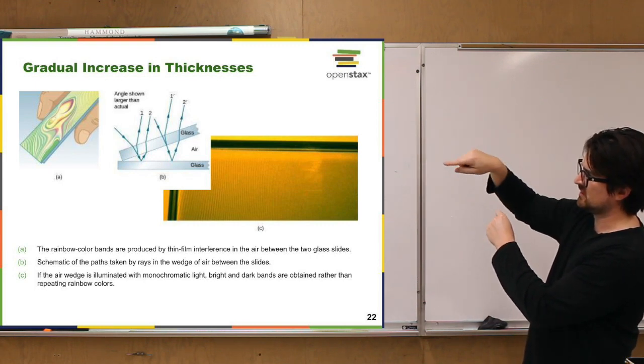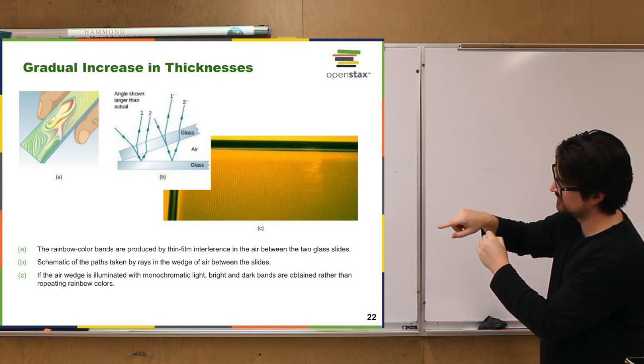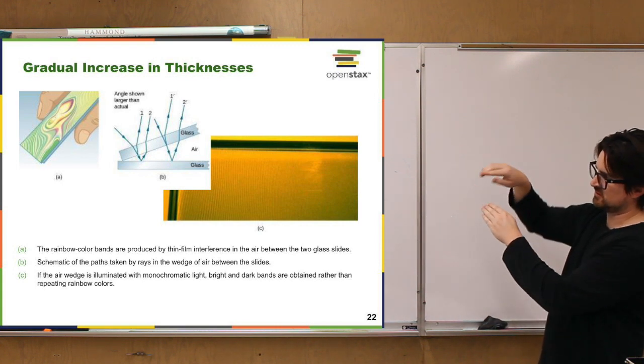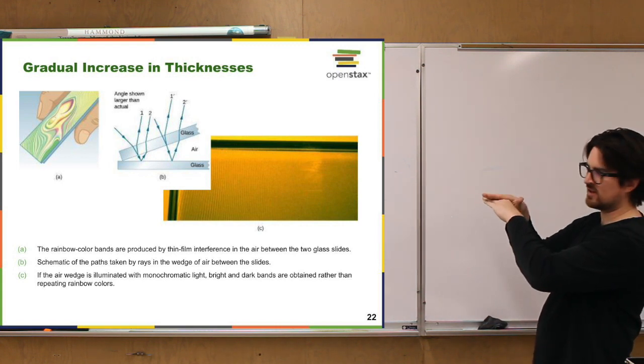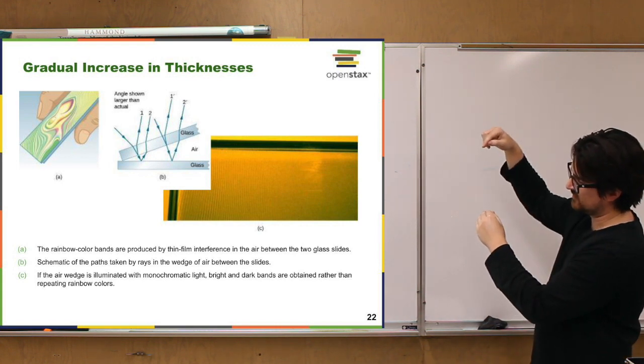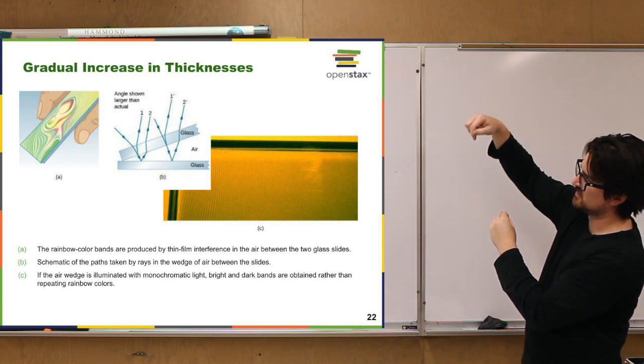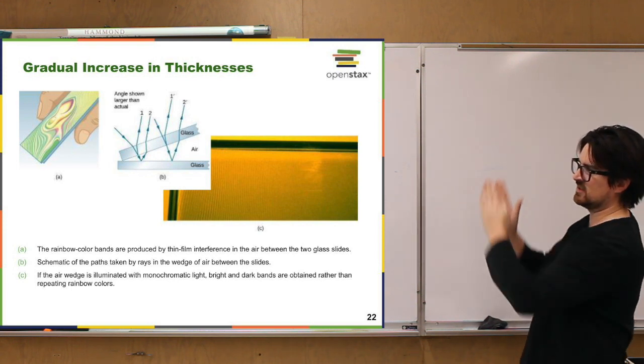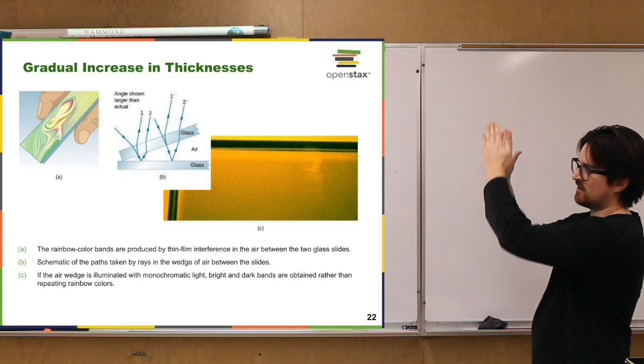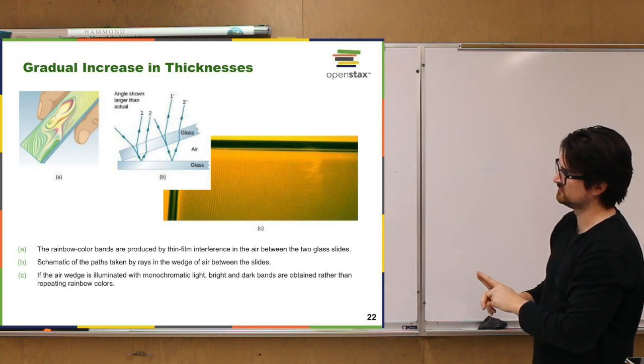Bit of reflection, but some of it will refract and keep going. That will reflect on the bottom air to glass boundary, come back up. You get some other refraction, but in the end, you get these two light rays coming back from that same one light ray that came in.